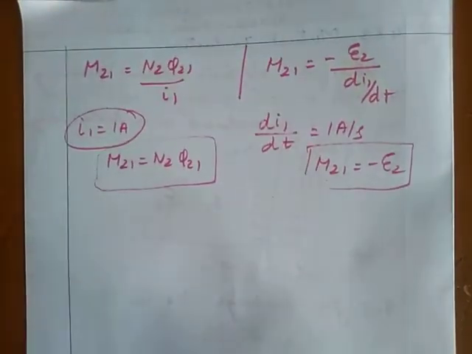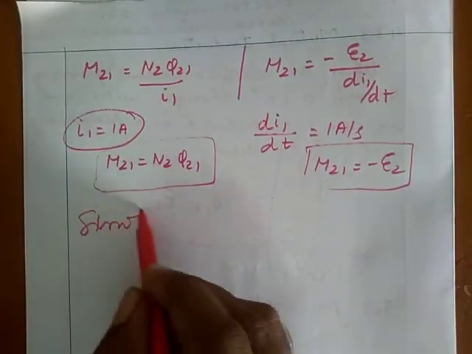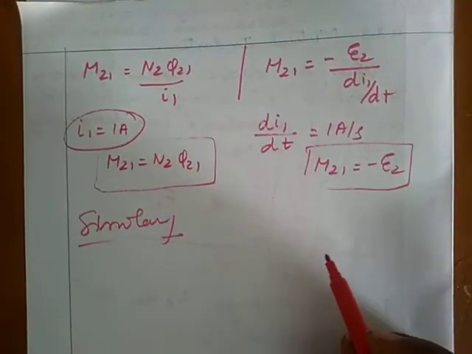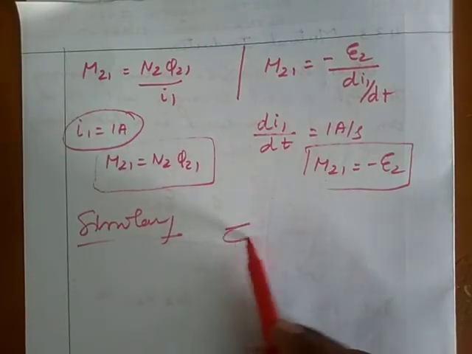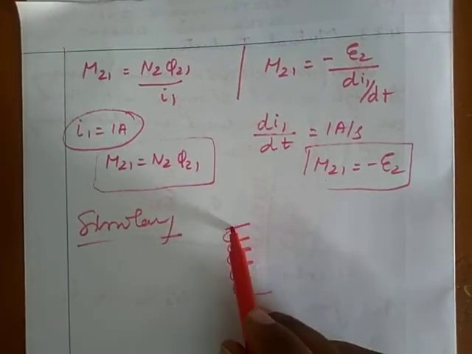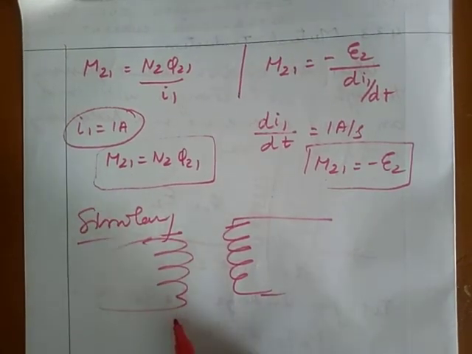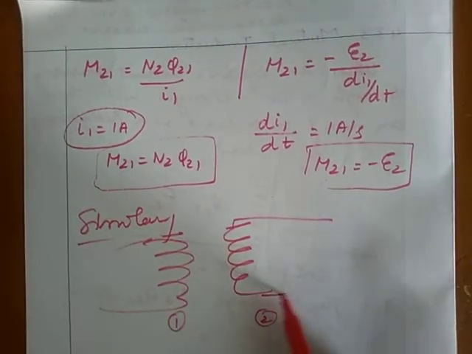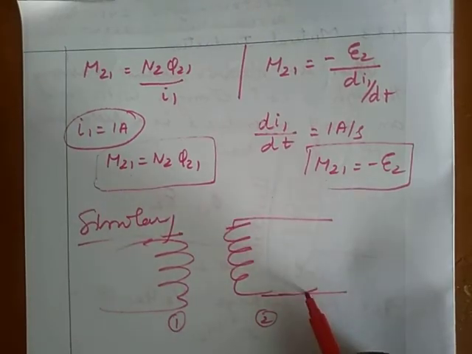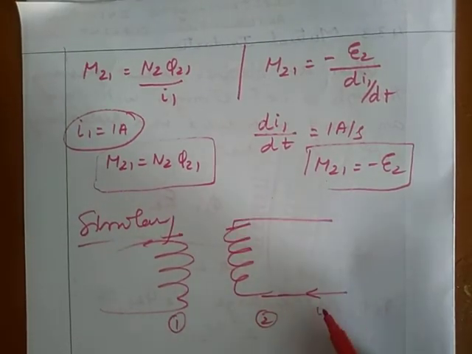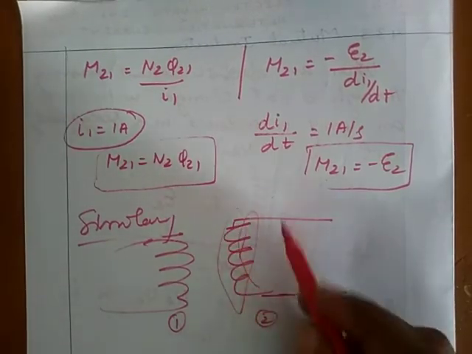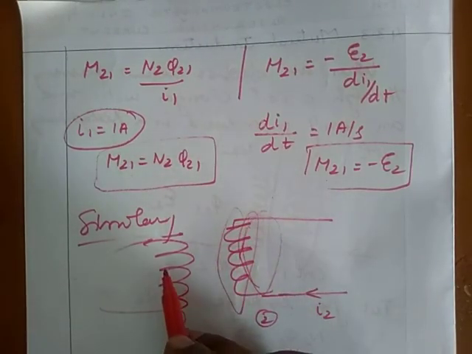Okay, similarly, suppose here these are the two coils. This is coil 1, this is coil 2. Suppose I apply a current in the coil 2, that is I2, then it will produce a magnetic field like this, then it produces a flux linkage.